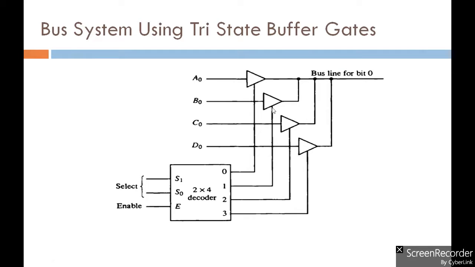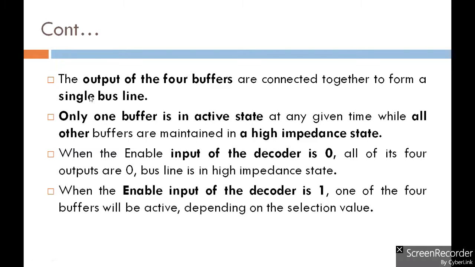So they will behave as an open circuit, or we can say they will remain in high impedance state, right? So they cannot transmit the data B0, C0 or D0 on the common bus line. So this is the way how tri-state buffer gate works.